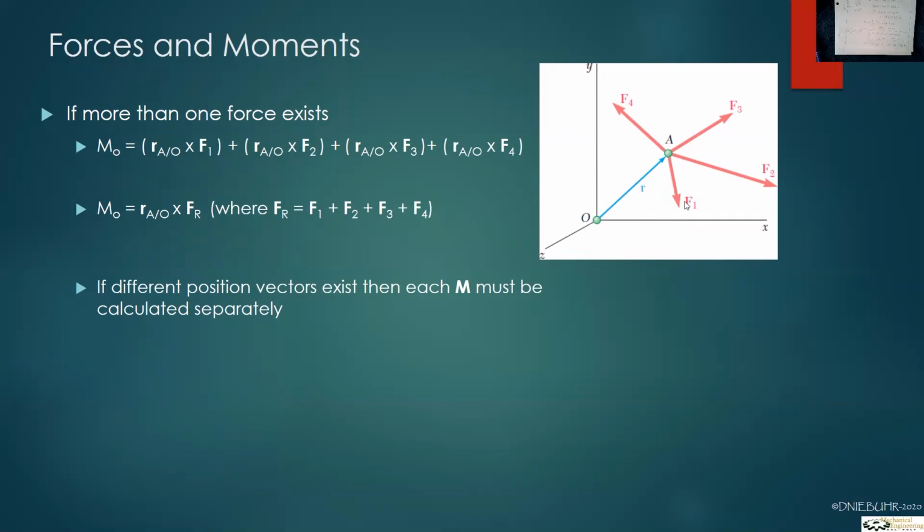So if you have multiple forces, though, you have to treat them all differently. What I mean by that is if you say, for example, point A has 4 different forces on it, then you can either do an R cross F for each force, or because they all emanate from the same point, you can add these forces together to create a resultant and then just do R cross F for the resultant.